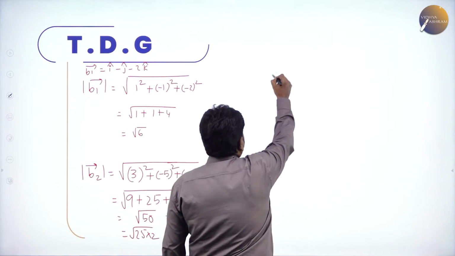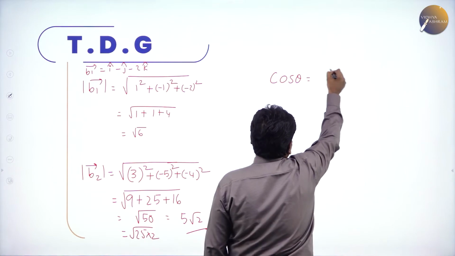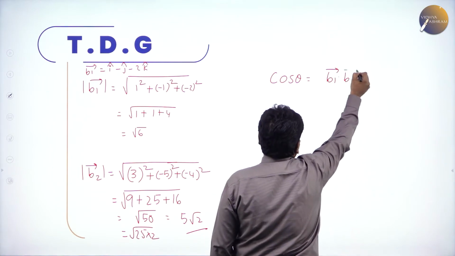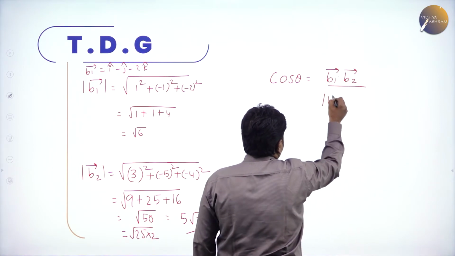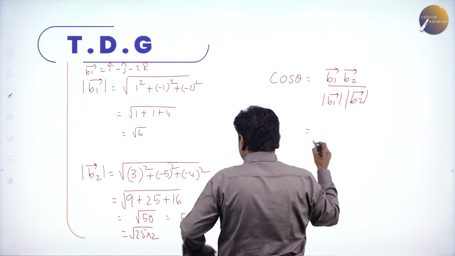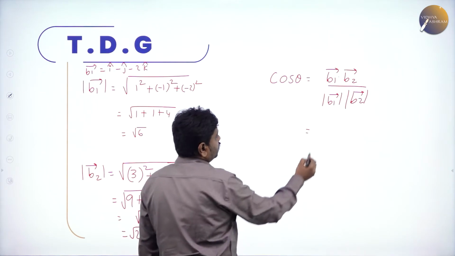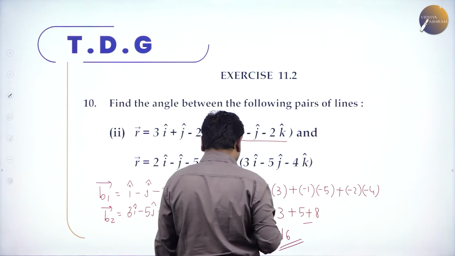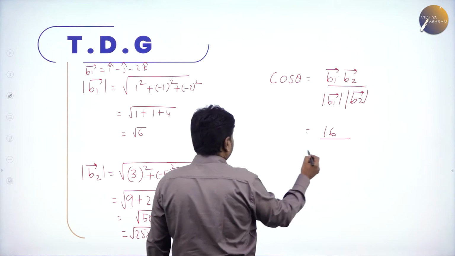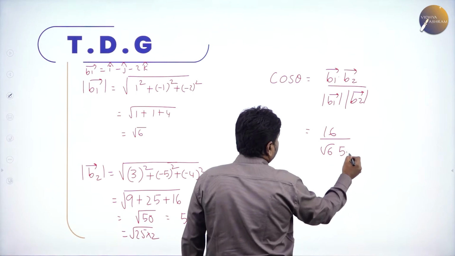So now, the angle between the pair of lines. What is the angle between a pair of lines? Cos theta is equal to vector b1 dot vector b2 divided by the magnitude of b1 into the magnitude of b2. b1 dot b2 we got as 16, divided by magnitude b1, which is root 6, and magnitude b2, which is 5 root 2.